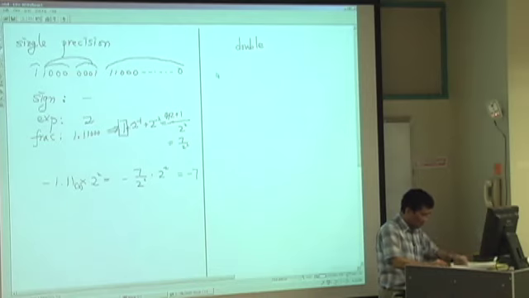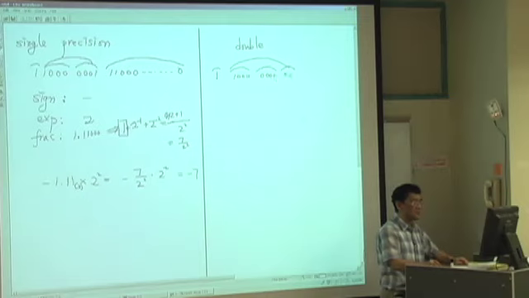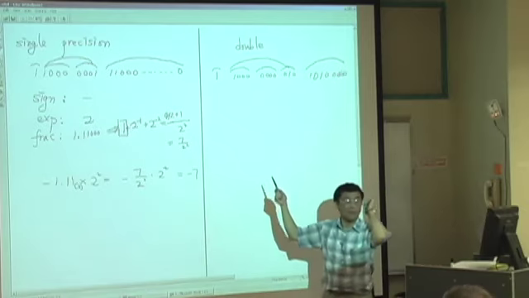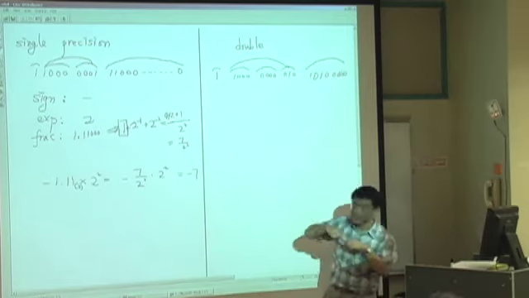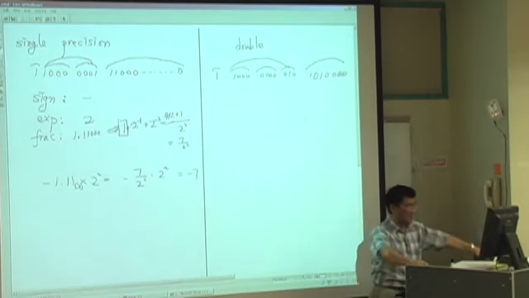So a double precision number uses 11 bits to represent the exponent. So it looks like 1 0 0 0 0 0 0 0 0 1 0. So this is the exponent, and then the fraction part is 1 1 1 0 1 0 0. So find this number. Please check what this number is, and if you find it, you can let me know.